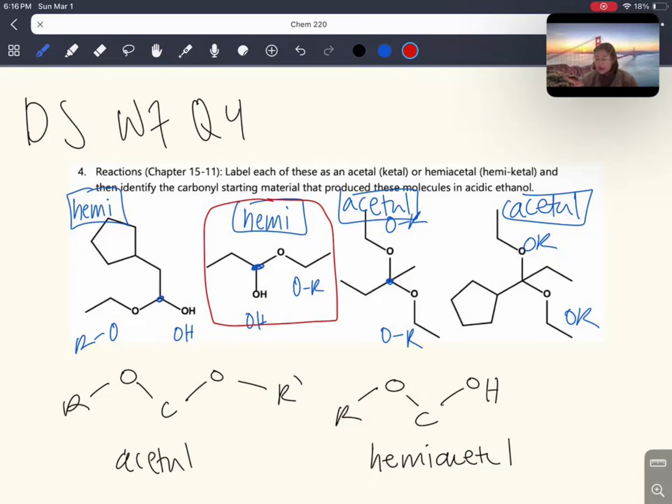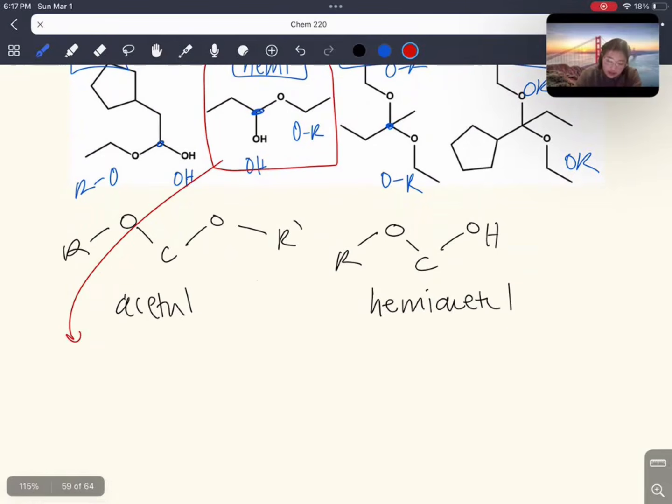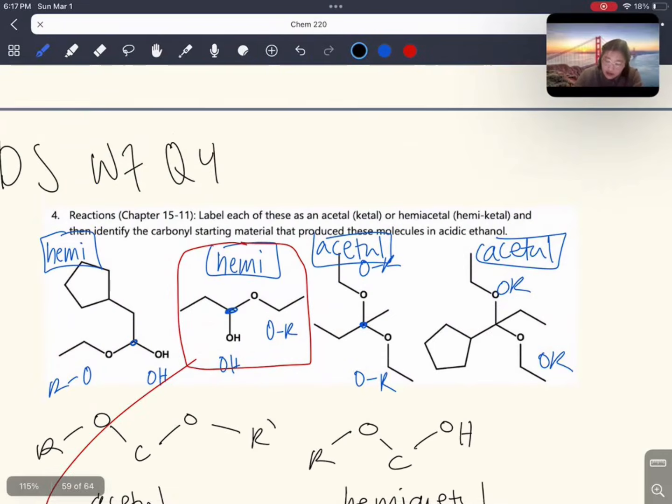And then I'm going to show you how you can actually work backwards, starting from the hemiacetal to get to your starting reactant. So for this second molecule, we have OH here, then you have O here. And this problem also tells you that these hemiacetals or acetals are being produced in acidic ethanol.